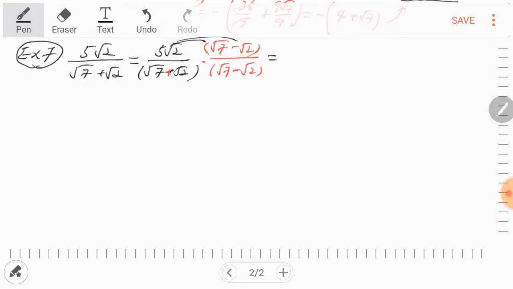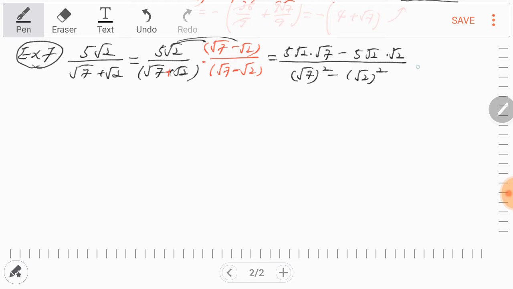So there will be 5 square root of 2 times square root of 7 minus 5 square root of 2 times square root of 2. The bottom is what? A squared minus b squared: square root of 7 squared minus square root of 2 squared.